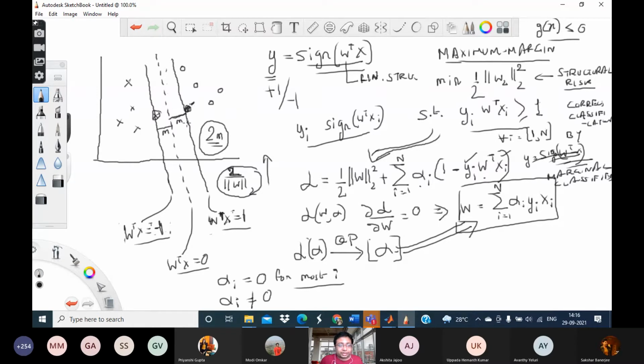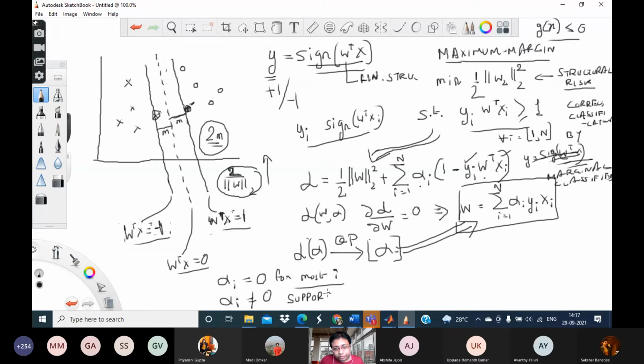So what do we call these points, for which alpha is non-zero? Remember, what name did we give to these data points? Support vector. These are the support vectors.